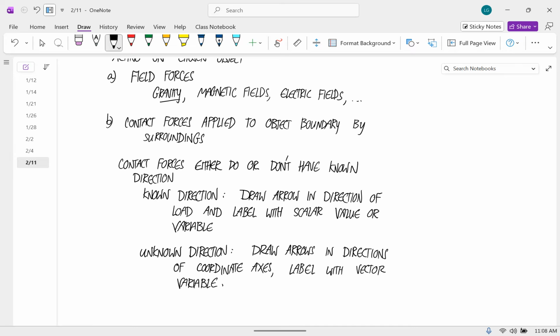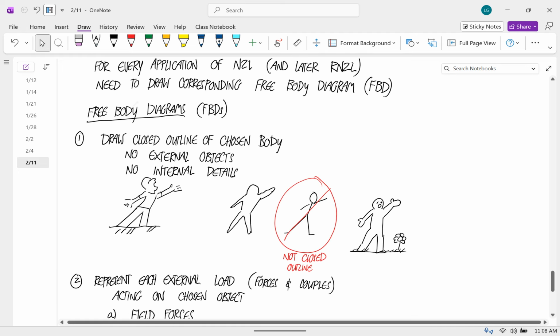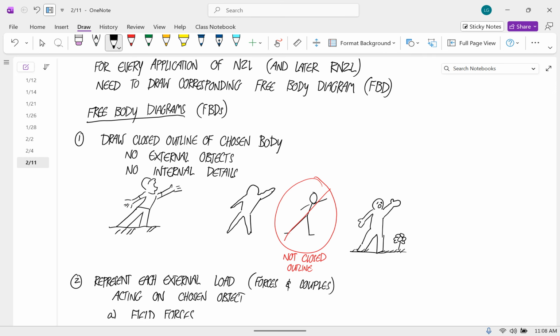You know, for example, think about this opera singer, okay? If we're representing the contact forces acting on this opera singer, I'm saying that, besides the weight force, there are contact forces that the ground applies to his feet, okay?